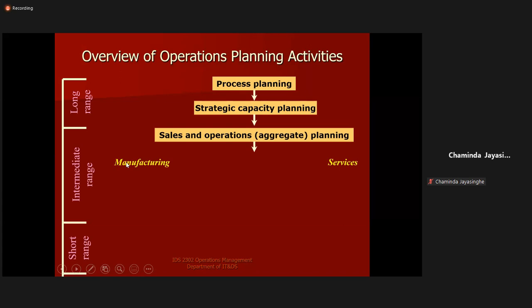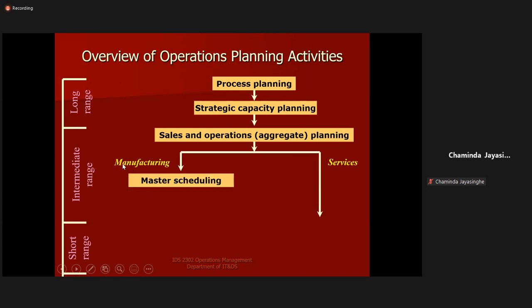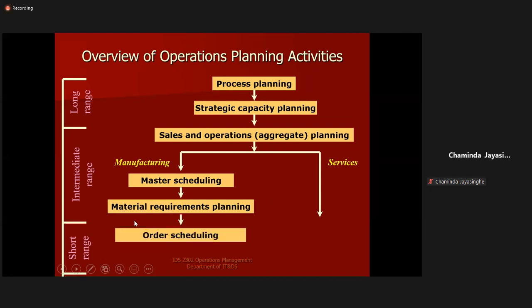And then we divide into manufacturing and services. For manufacturing, we do master scheduling, and then material requirement planning, and then order scheduling. The master scheduling and partly MRP is the intermediate range.